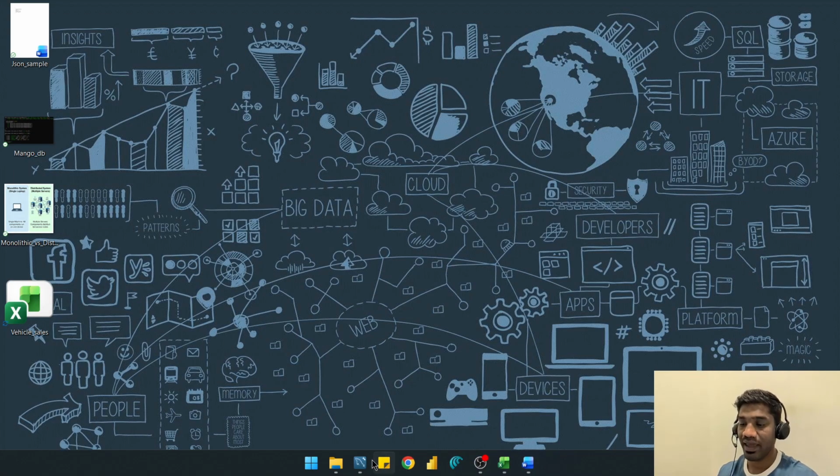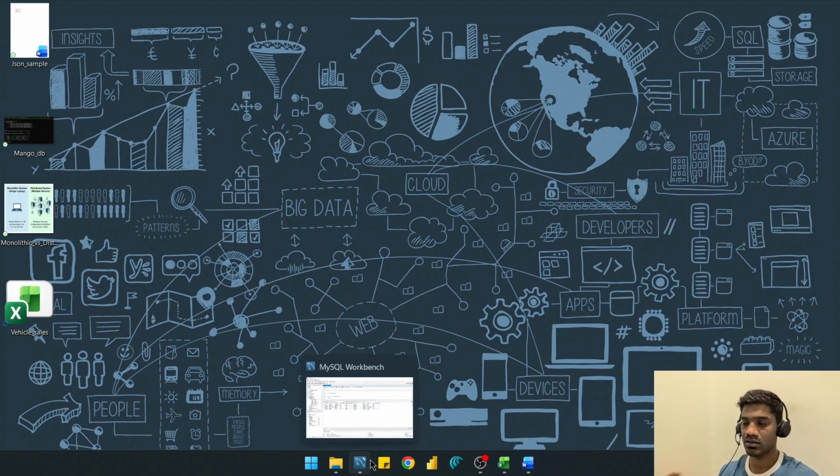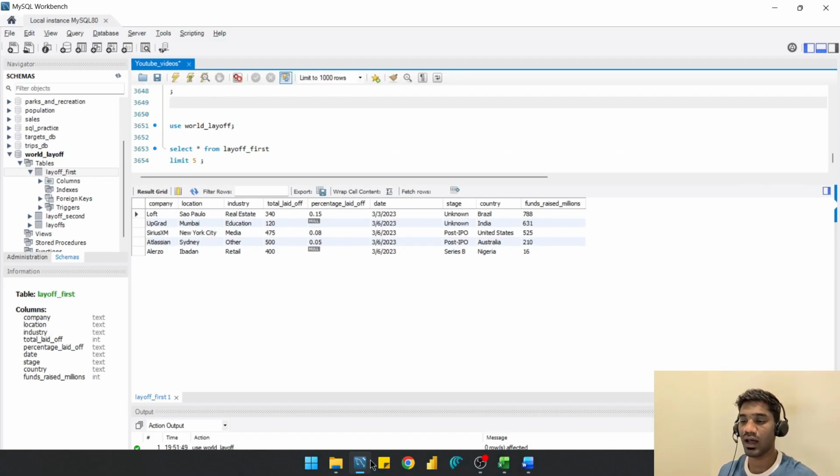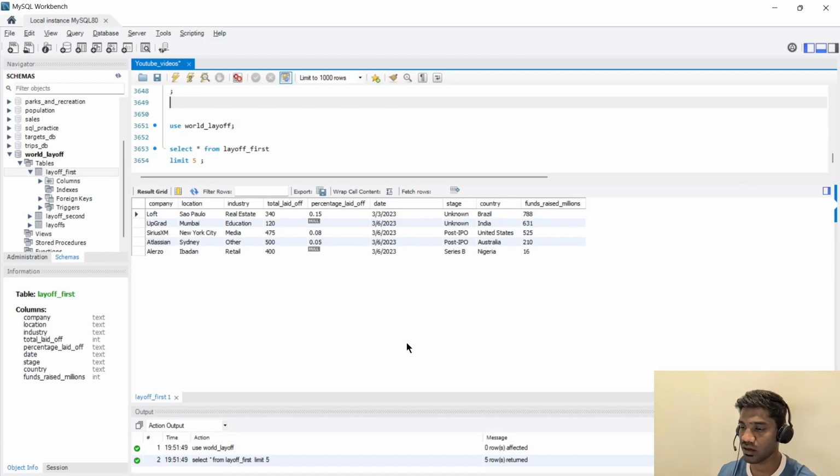Okay, can our database handle this kind of unstructured and semi-structured data? The answer is no. Our traditional database, the database which we used in earlier days, for example Microsoft SQL, Oracle SQL, MySQL, all of these come under traditional SQL.